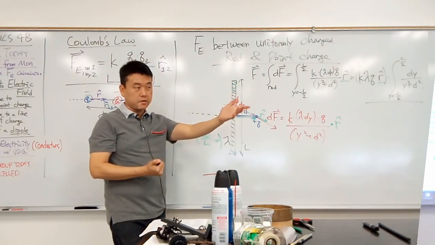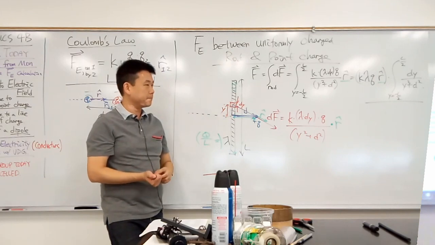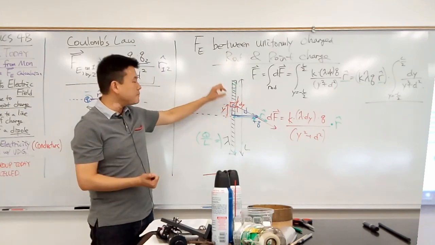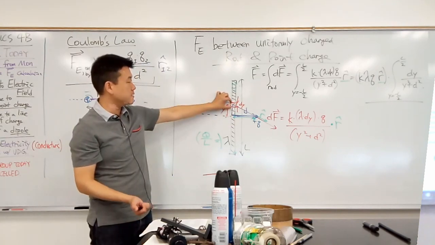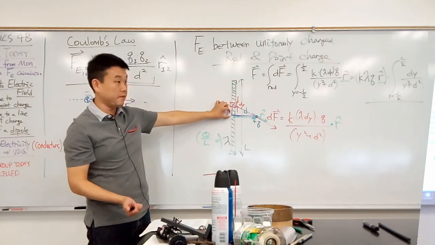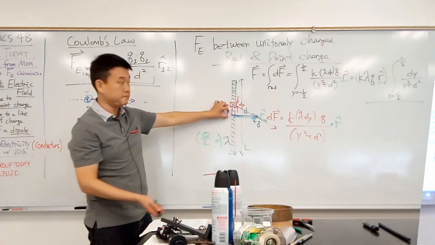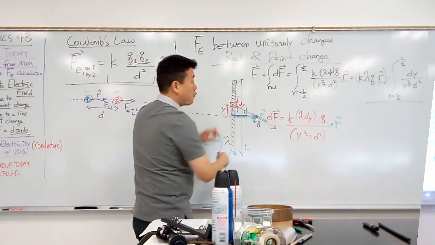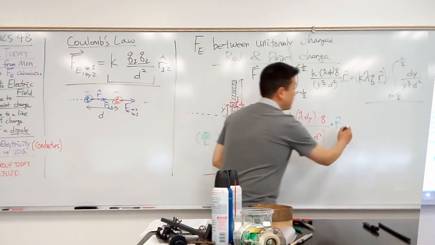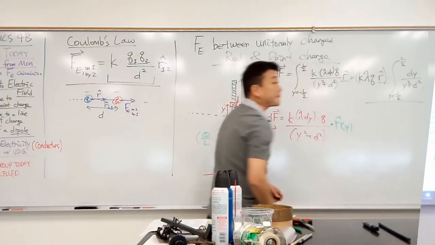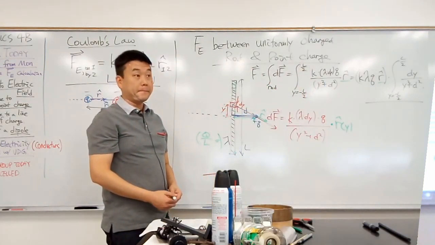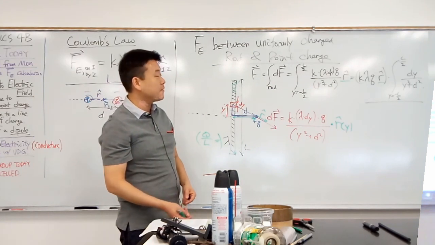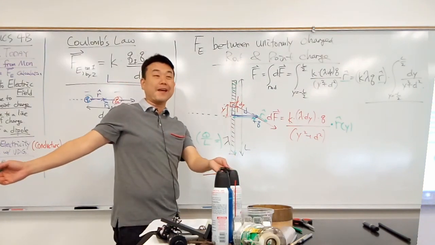It is relative direction, so what does that mean? Visualize this. As I take this, let's say I move it downward a little bit. What happens to our hat? Yeah, it changes direction. What that means is this r hat is a function of y. This is the kind of thing you will begin to see when you take multivariable calculus.